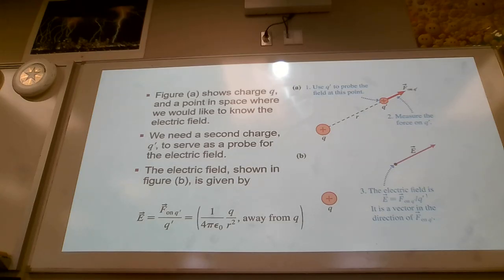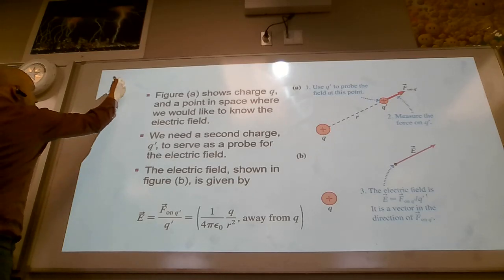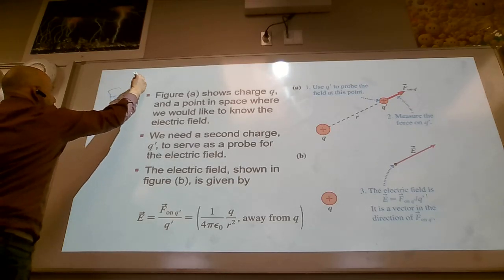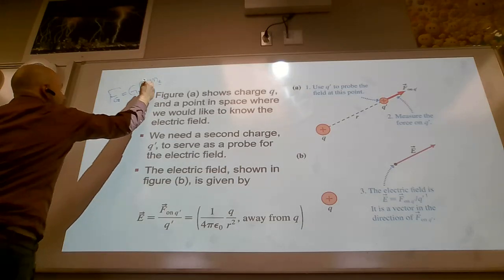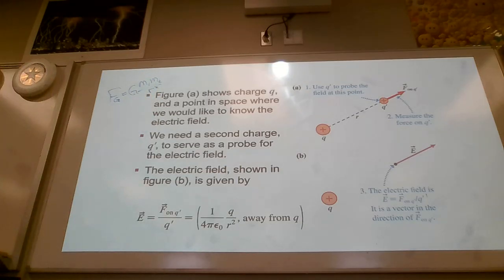No, there's not, because there needs to be two masses. But there is a gravitational field at this location.